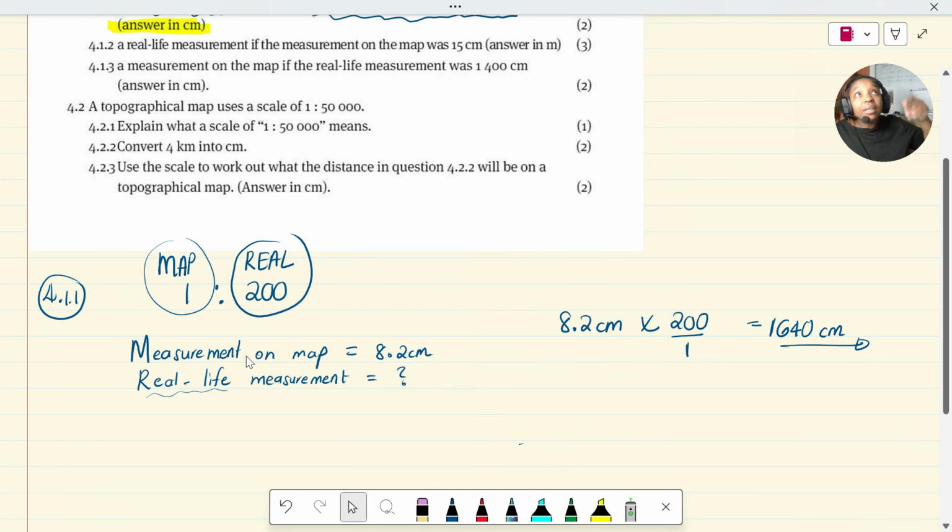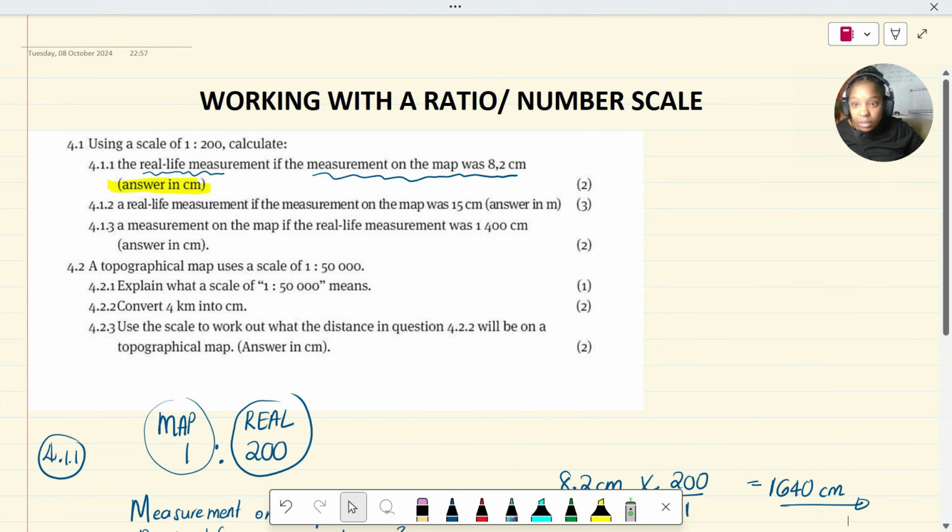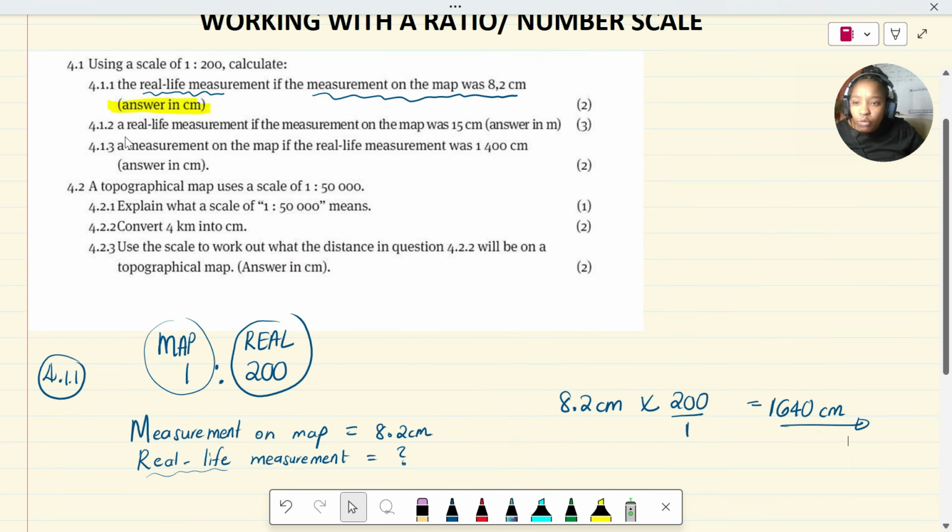That basically means that if you measure 8.2 centimeters on the map, on the paper, in real life that measurement equates to 1,640 centimeters.